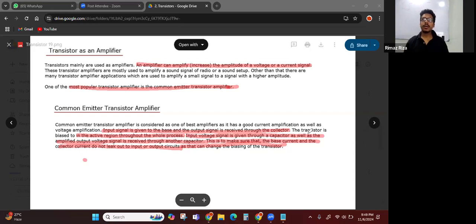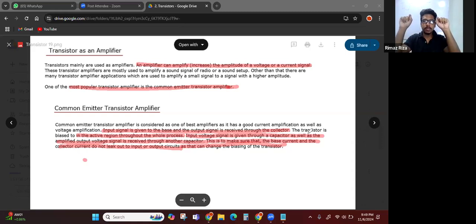Because now, let's say after a certain value of the input signal, the input current is increasing. When it increases, IB also increases. Look at my hands: this is the input, this is the amplified signal, sorry, this is the IC current. If the input is a sine wave and it's increasing, this is also increasing.